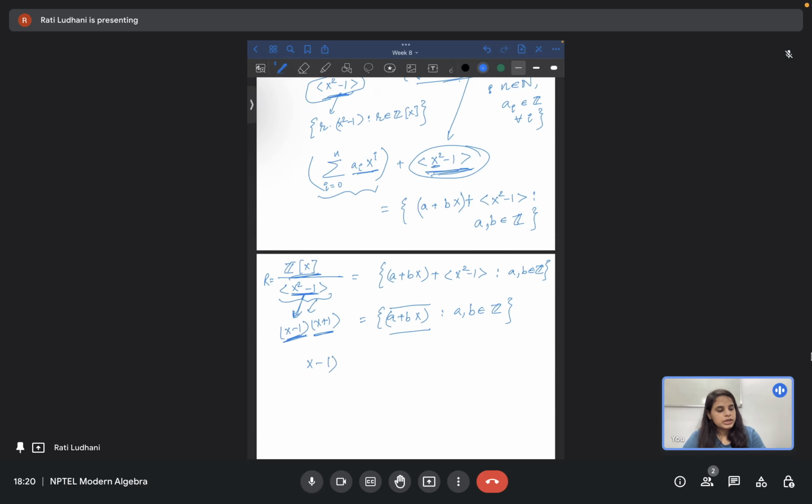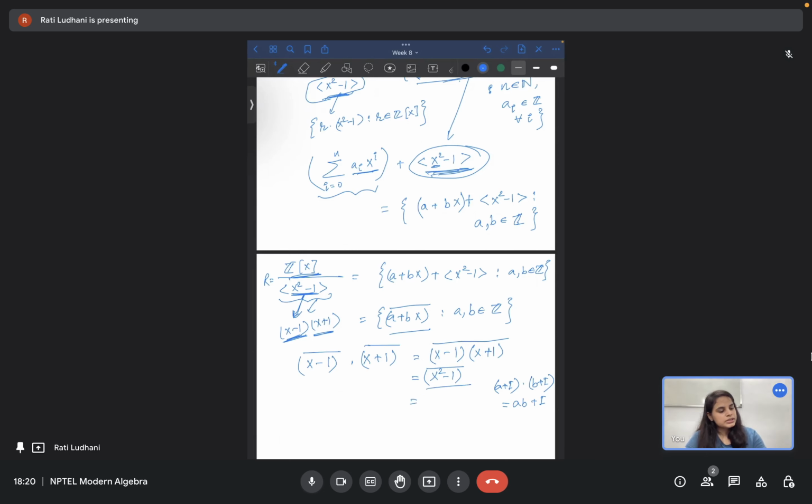So if you take x minus 1 bar and x plus 1 bar, and you take the product, it is simply the multiplication from the quotient ring formula: a plus I into b plus I is equal to ab plus I. So from this you have x square minus 1 bar.